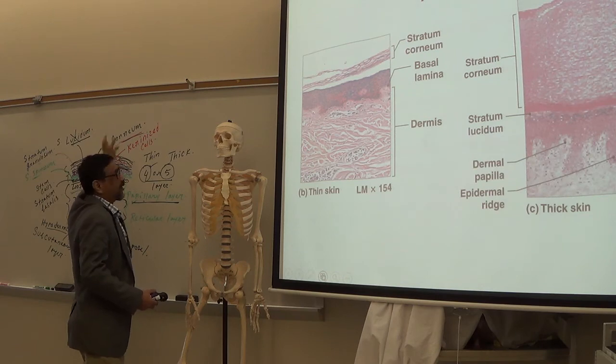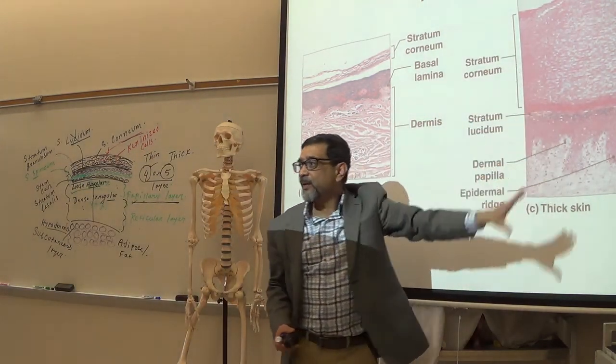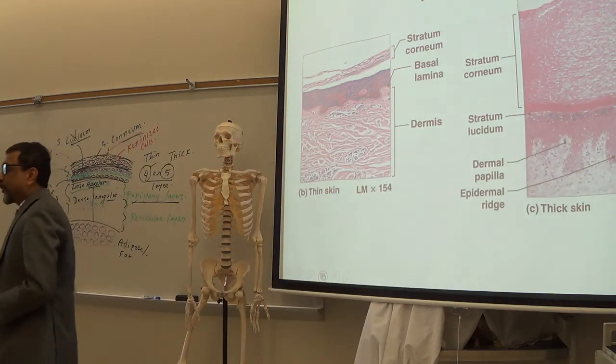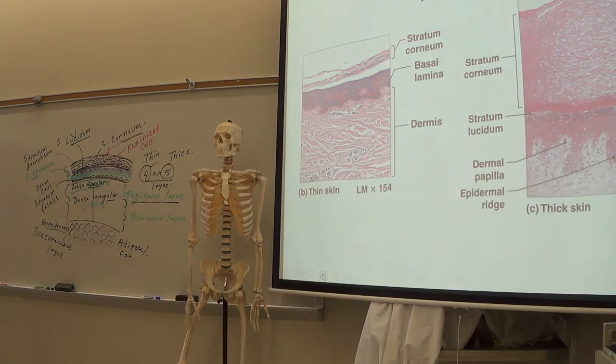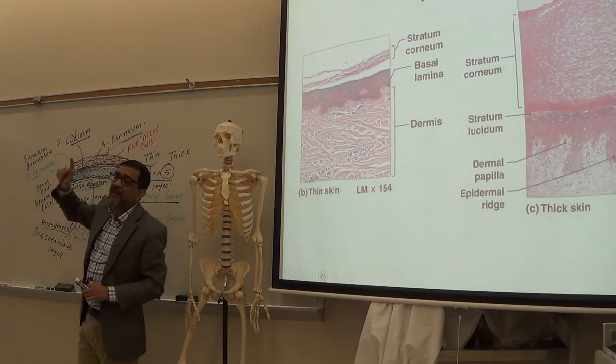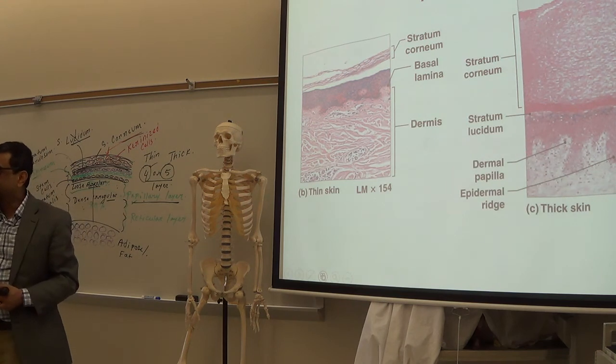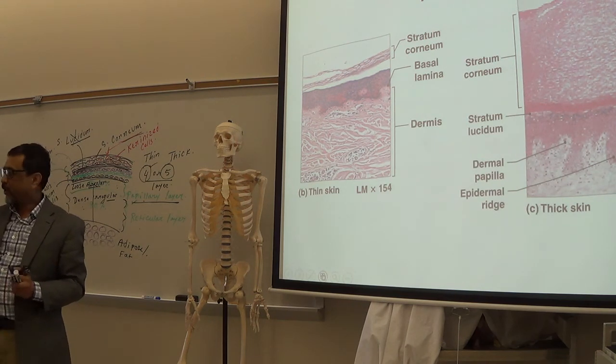This layer is much thicker in thick skin. So stratum corneum is much thicker in thick skin. Make sense? If you put side by side this layer, and that actually gives the thickness of the thick skin. So if I ask you which layer gives the thickness, that's the stratum corneum.